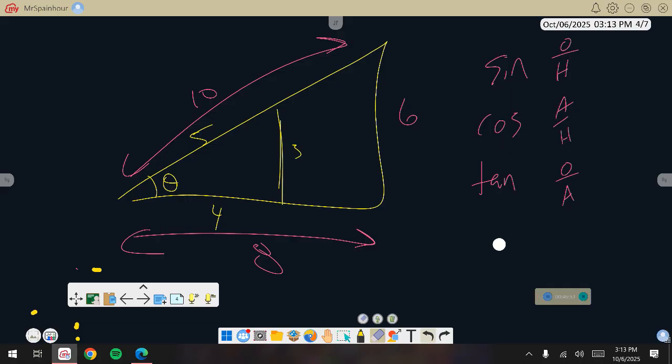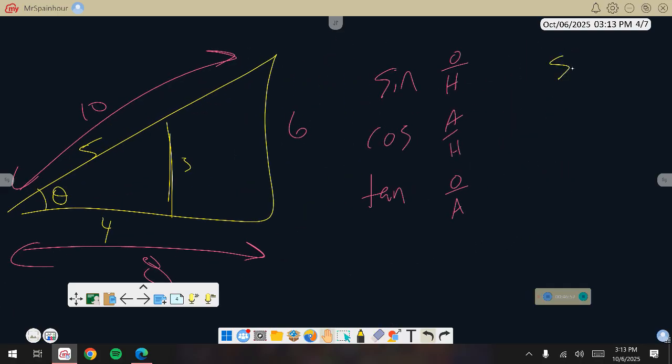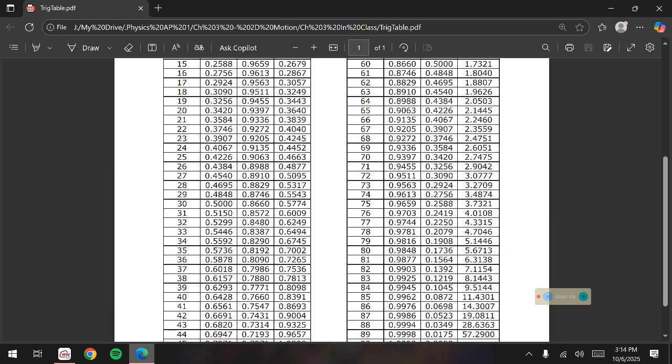That being said, the opposite is true of the inverse sine, inverse cosine, and inverse tangent. Now, they're really not that bad, okay? All it is basically is simply this, okay? If you go back to this table, we kind of did it earlier, where if you go and you say, what's the sine of 30?